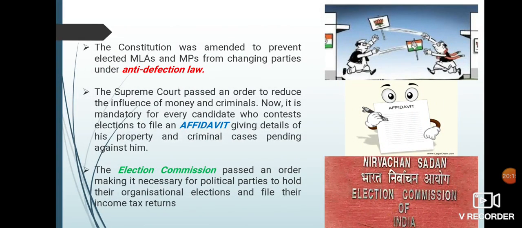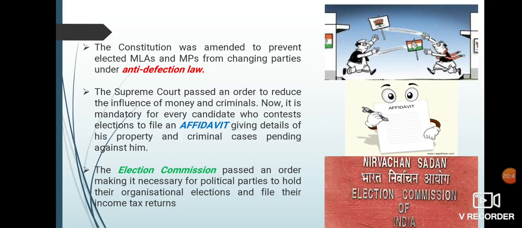What is anti-defection law? The Constitution has been amended to prevent the elected MLAs and MPs from changing parties under the anti-defection law. Now, the law says that if any MLA or MP changes parties, he or she will lose the seat in the legislature.